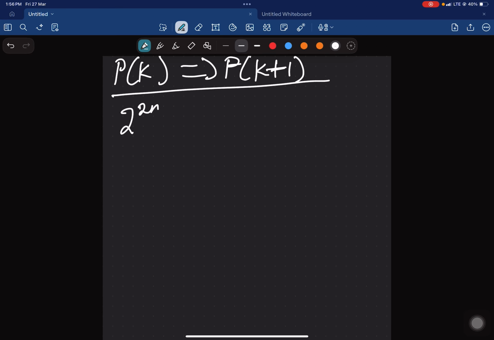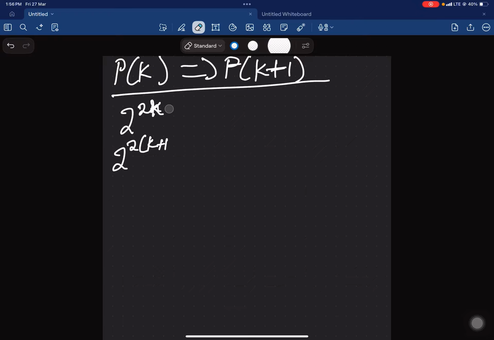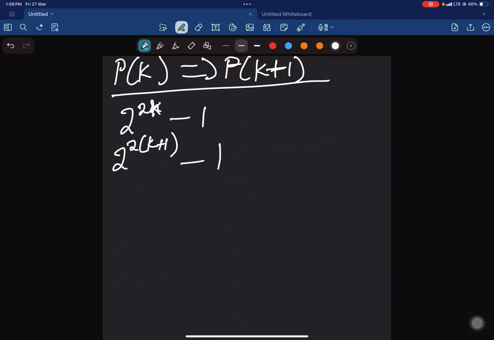So for 2 to the power 2n, this k we are using now is k. Now let's expand for 2 to the power 2(k plus 1) minus 1.